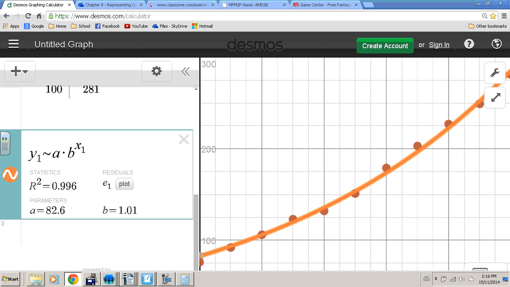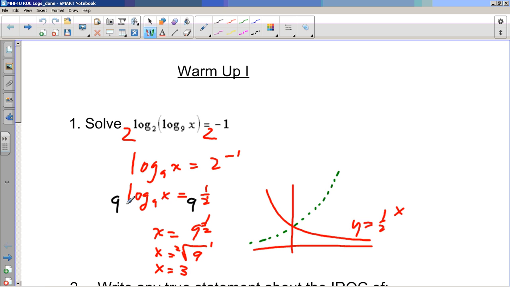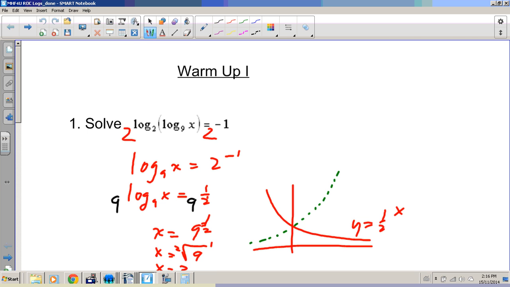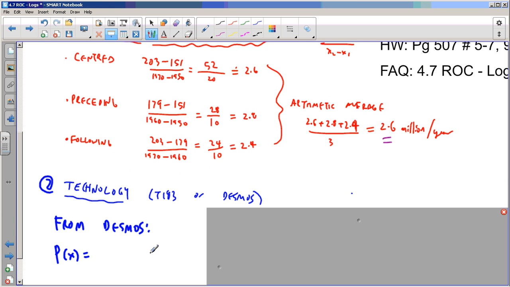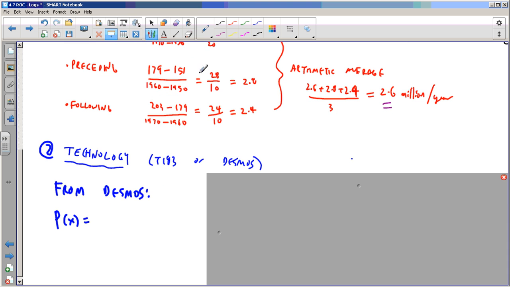So back to the note. Okay, good. I've got 82.6 times 1.01 to the exponent x, where x is the number of years since 1900.